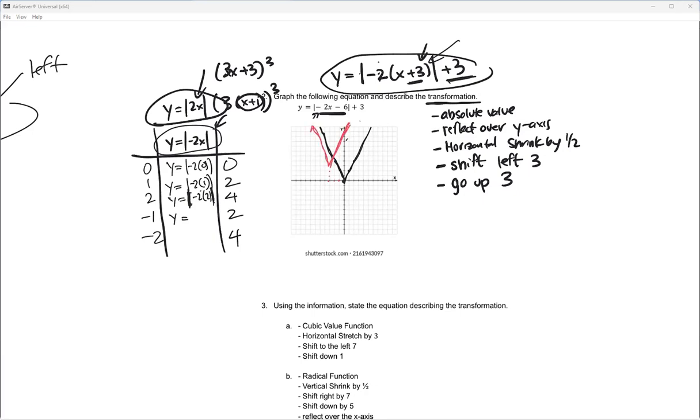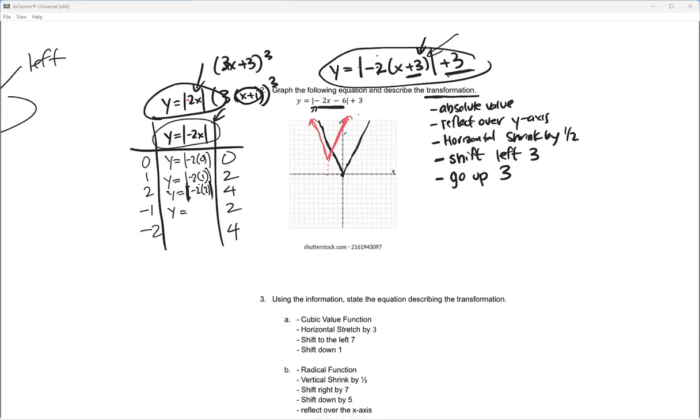And you've graphed it. Okay. Cool. Are there any questions on that? Okay.